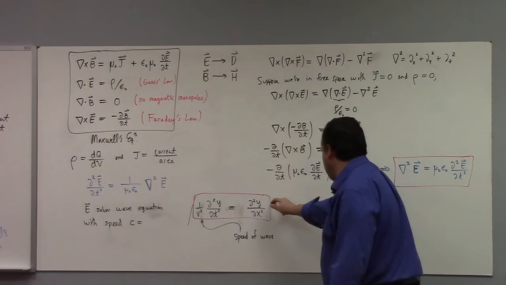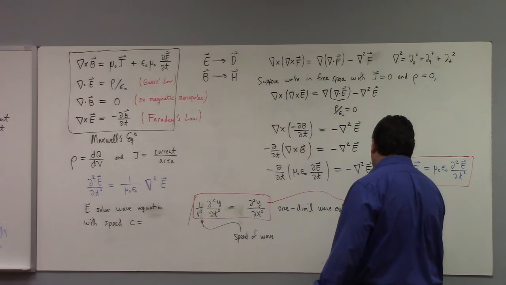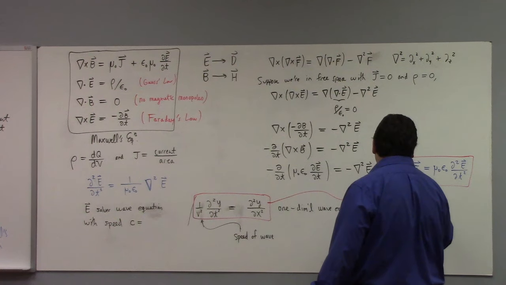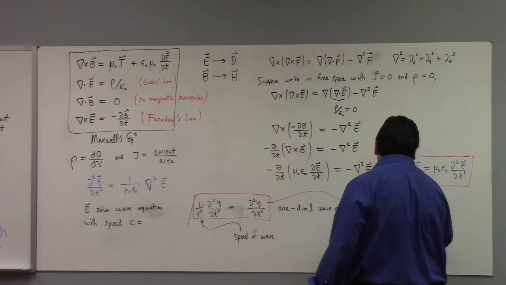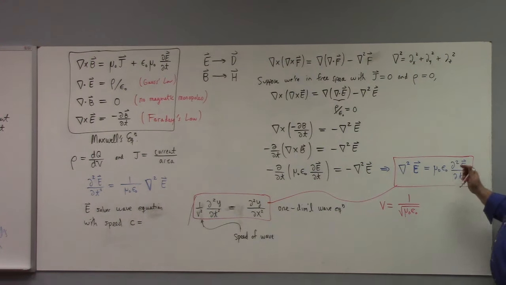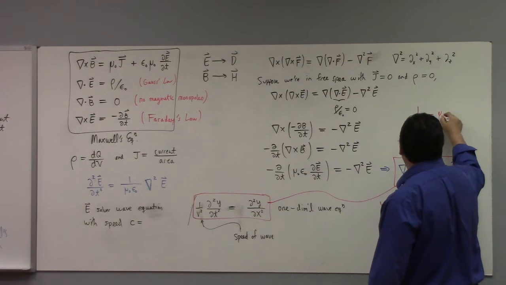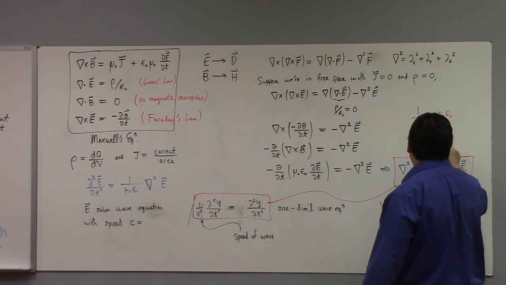These two together would suggest that my velocity for the electric field is 1 over the square root of mu naught epsilon naught. Because 1 over v squared is equal to mu naught epsilon naught, which says that v is equal to 1 over the square root of mu naught epsilon naught.